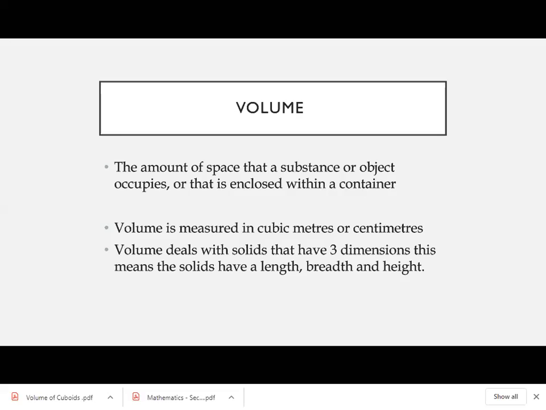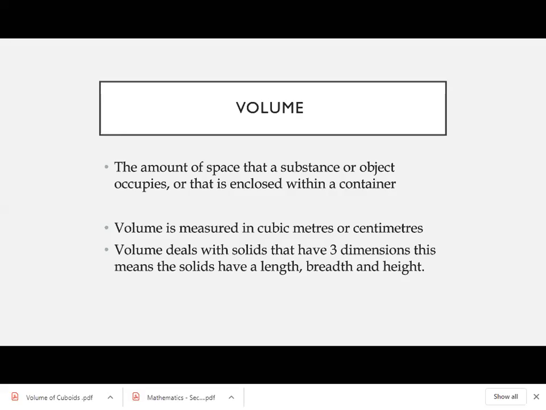It is usually enclosed because you cannot just check space in an open area. So when you are talking about volume, the main ones are the cube or the cuboid, or as I said, a container, a bucket, whatever it may be, it is the amount of space.